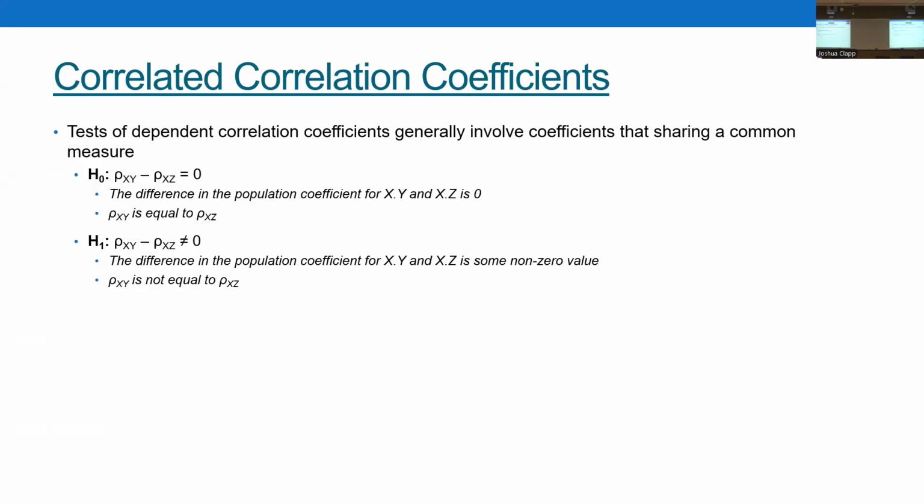And so when we're calculating this, we need to account for not only the magnitude of this correlation and this correlation, which we're trying to test against, but the magnitude of the correlation of Y and Z also becomes critically important in the strength of evidence for differences in these things. Okay, and so the formula that we use needs to take this into account.